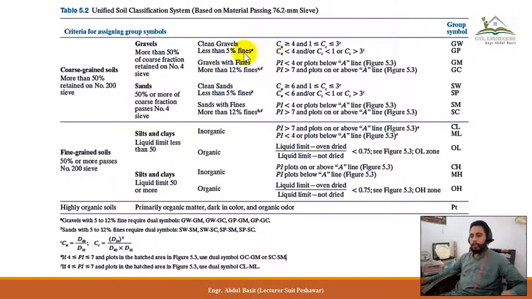Okay, then you will look for whether it is clean gravels with more than 50%, and this is more than 40% passing through sieve number 200. So this is the classification for the coarse soils. Okay, a few more terms are discussed here, that is Cu and Cc.